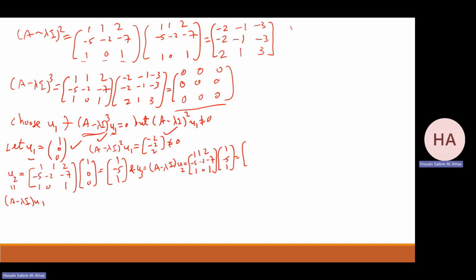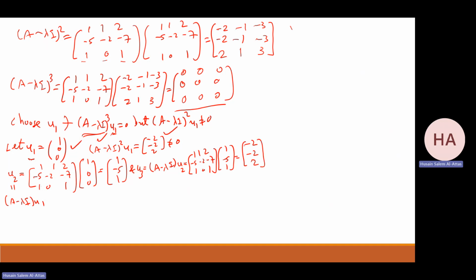Do the product. 1 minus 5 plus 2, 3 minus 5, that is minus 2. Minus 5 plus 10 minus 7, that is minus 2. This is 1 plus 1, that is 2.